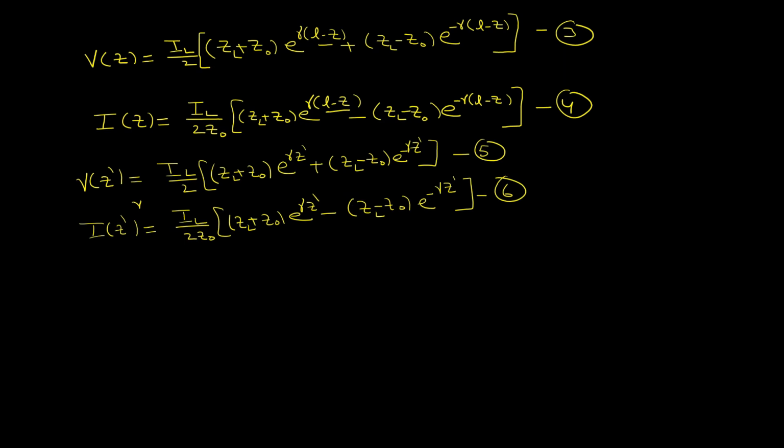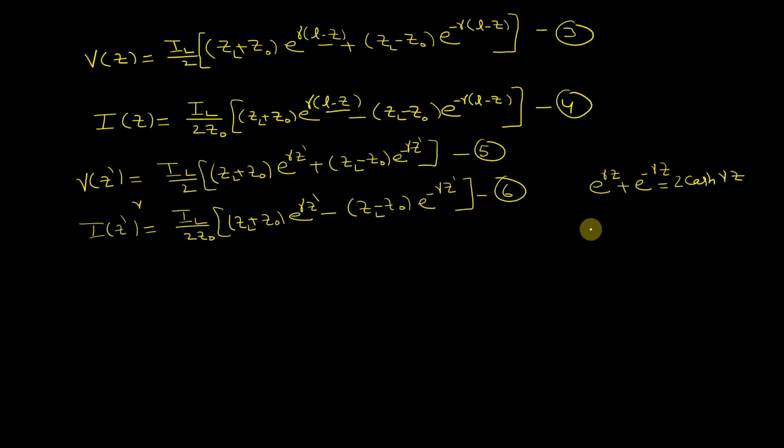We can write this equation in cos hyperbolic form. Now we know the formula for cos hyperbolic and sin hyperbolic. So e raised power gamma z plus e raised power minus gamma z will be equal to 2 cos hyperbolic gamma z.